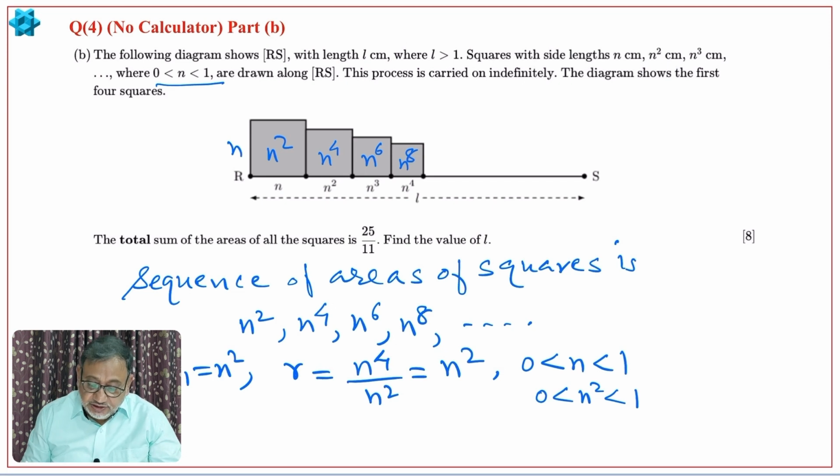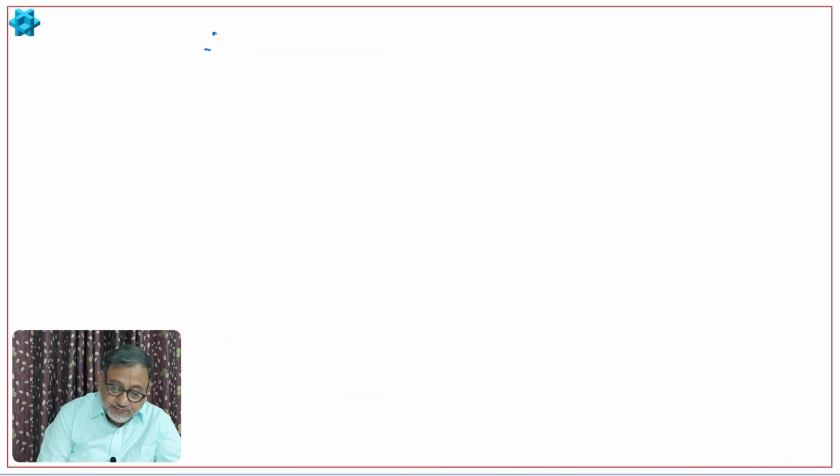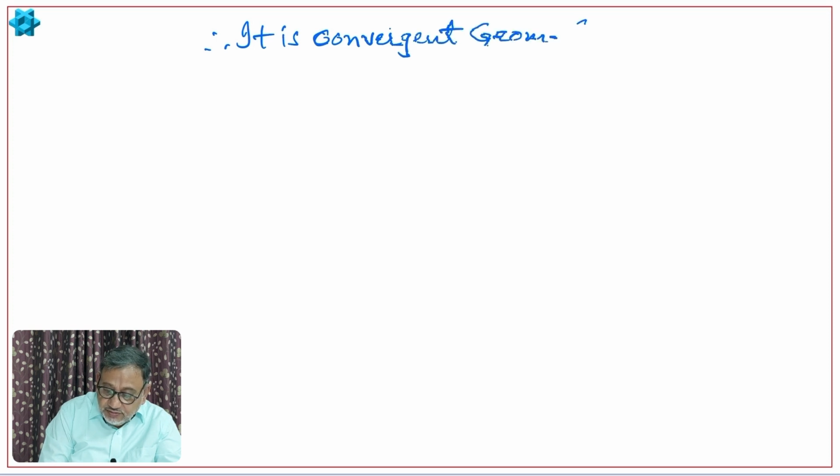So it means it is an infinite geometric sequence where common ratio r is less than 1. So we can use the formula for the sum to infinity, okay? So therefore it is convergent geometric series, right? Convergent geometric sequence.